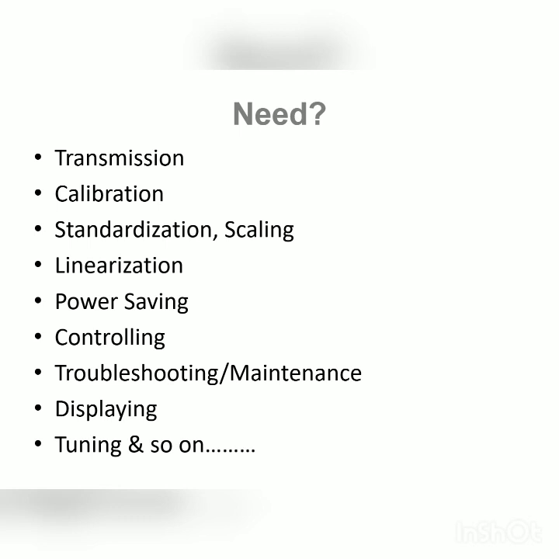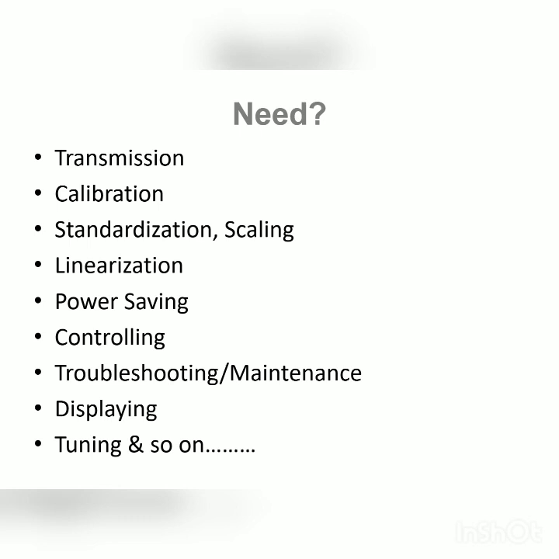Now, there may be different needs for designing the signal conditioning. First of all, the transmission purpose. Usually, the sensors may be located at different locations in the industry or in the plant. When we have to take that signal up to the control room, that is a transmission case.